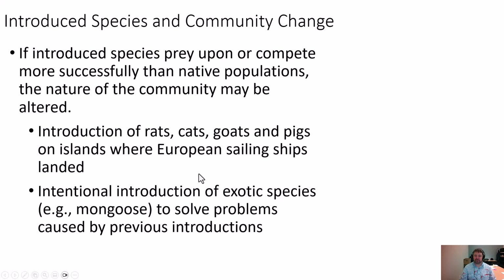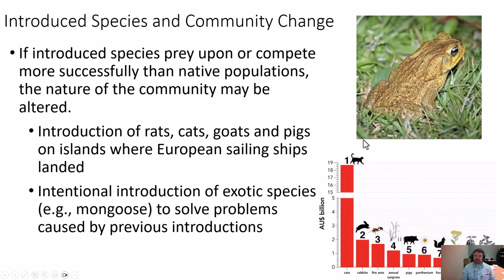The classic example of this is the cane toad, okay, in Australia. The cane toad is called cane toad, like sugar cane toad, because it occurs often in sugar cane plantations. And it keeps grubs and insects that affect the sugarcane to a minimum.